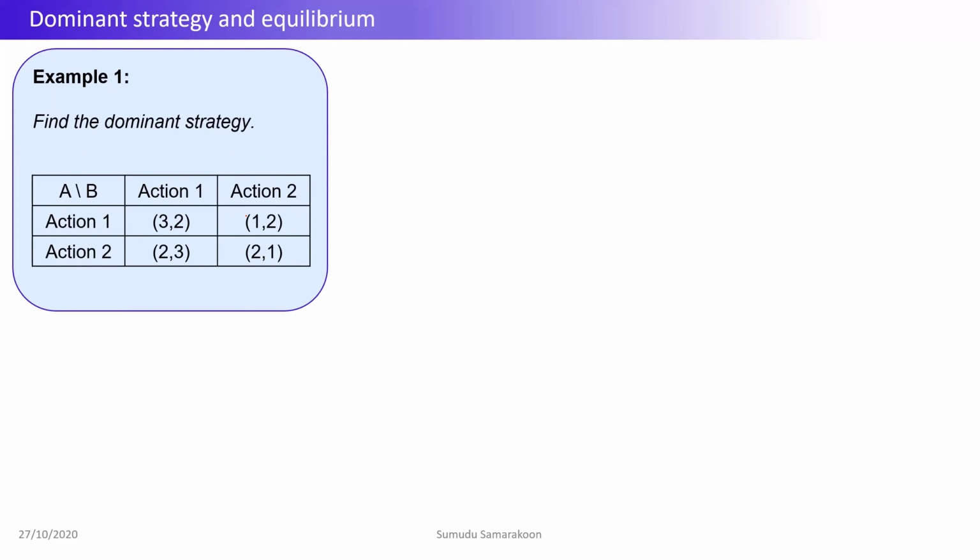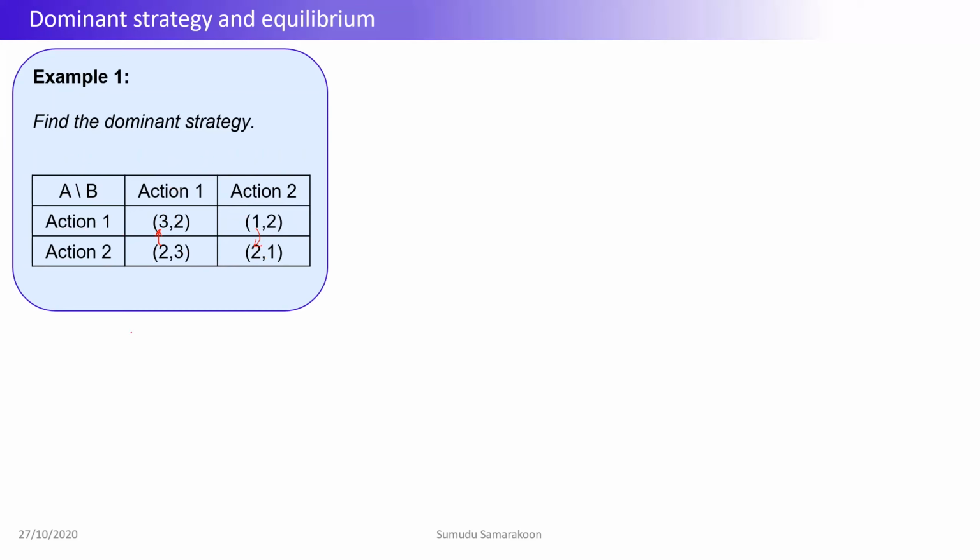So if you think about player A, if B plays action 1, we can see action 1 dominates action 2, right? But if B plays action 2, then action 2 dominates action 1.